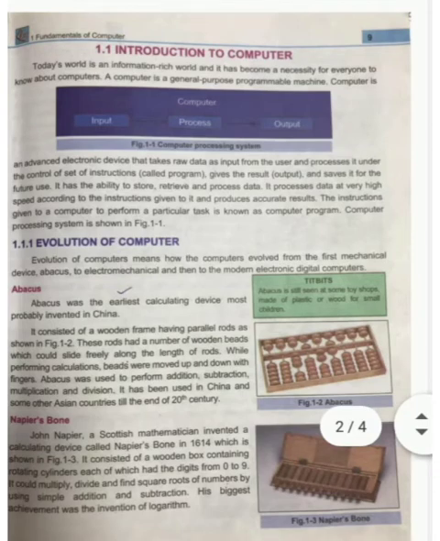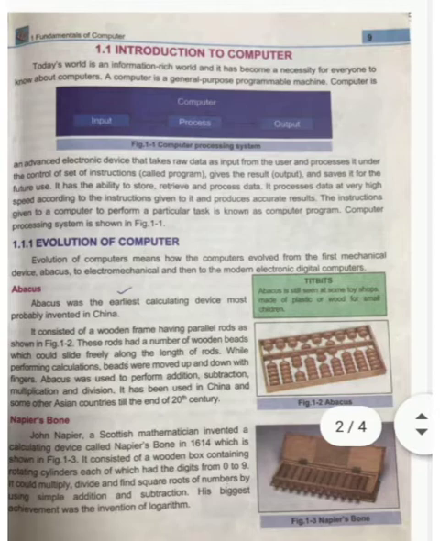Now, introduction to computer. So students, a computer is a general purpose programmable machine. A computer is an advanced electronic device that takes input from the user under the control of a set of instructions and processes it to produce results accurately at a very high speed, which is output, and saves it for future use.